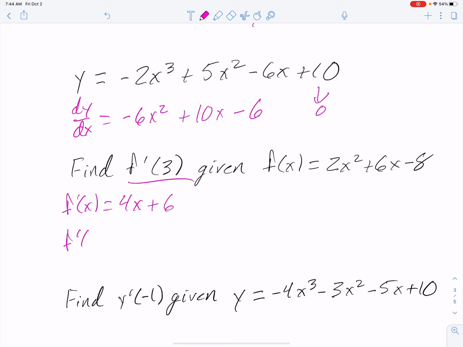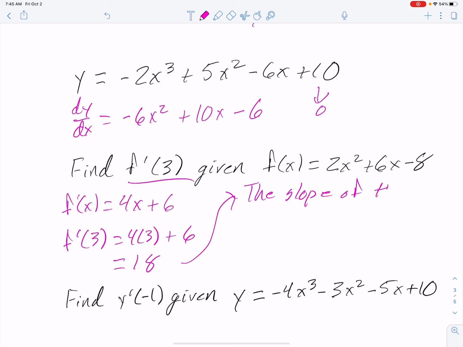Like I say, we now just go one step further and substitute in 3, and my numeric derivative is 18. The slope of the tangent when x equals 3 would be 18.